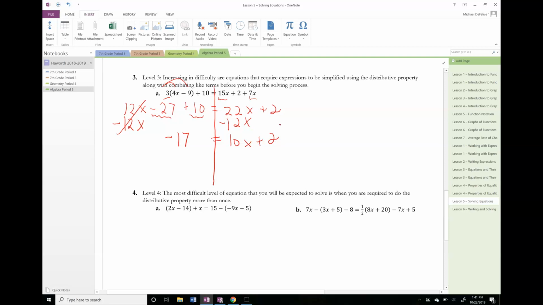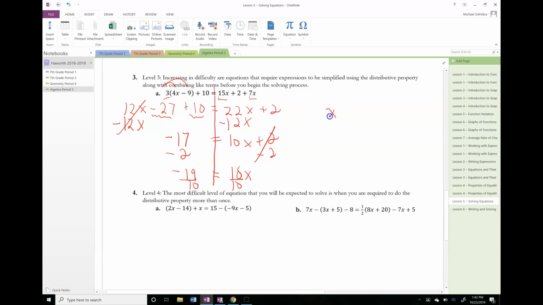Good, so now I have variables on just one side, just the right-hand side. So if I want to get x to be by itself, I would next subtract 2. The right-hand side is going to become just 10x, and the left-hand side will become negative 19. My last step is now to divide by 10.